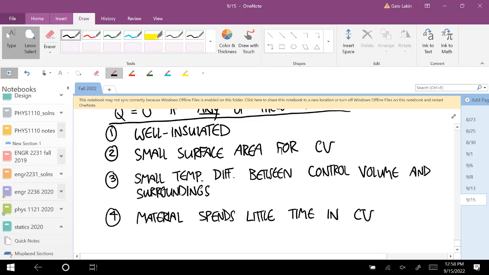Okay, so if in a problem you see any one of these 4 things, those are hints that you can cancel the Q dot. So if a problem says it's a steady state process and the control volume is well insulated, that means you're going to cancel the dE/dt and the Q dot.